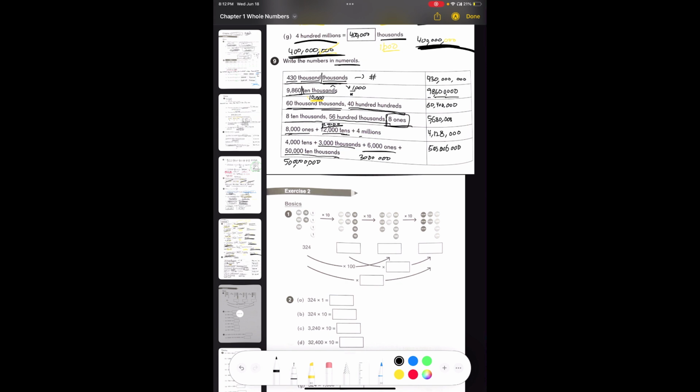And then we have 4,010. So we'll just add 40,000. So 503,046,000.